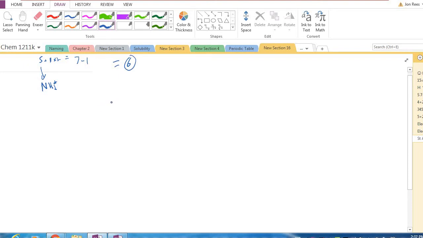Let's start drawing the basic structure: N, H, H. The H's are completely filled up. Those will only have 2 valence electrons around each one. I have my bonds there, so I've accounted for 4 valence electrons, because each bond has 2.